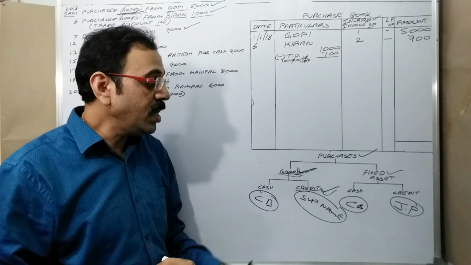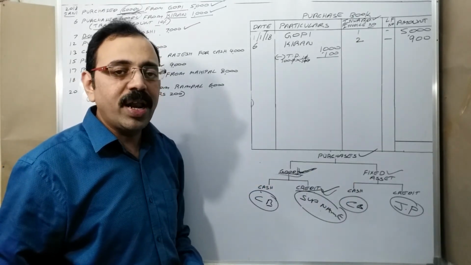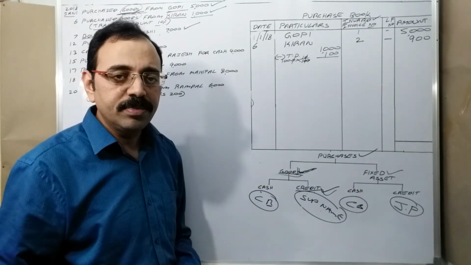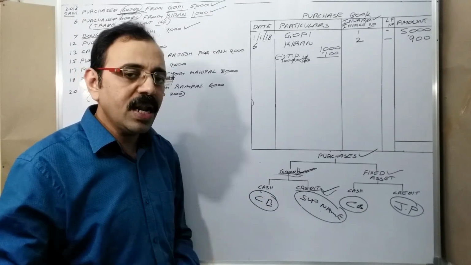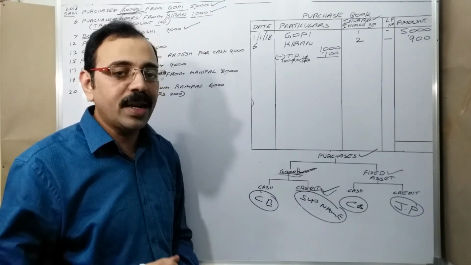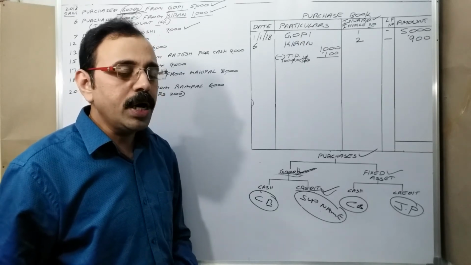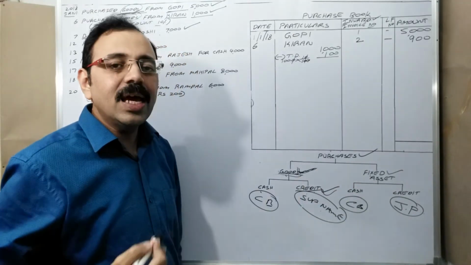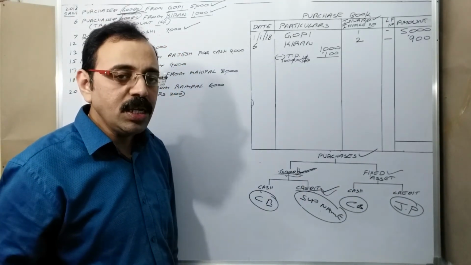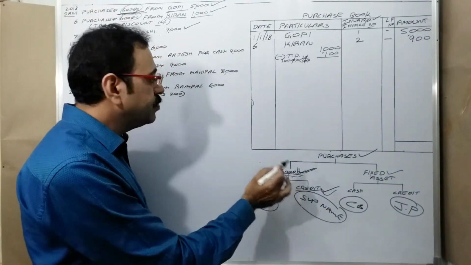Rarely they buy fixed assets. For example, if a fan is damaged, then they buy a new fan. Is it a recurring transaction? No, a rare transaction. Therefore remember, when there is no proper information regarding what they are buying, our assumption is they are buying goods. Right.